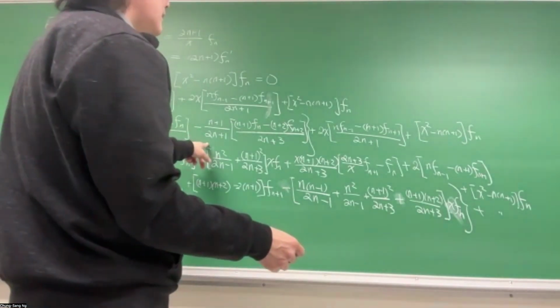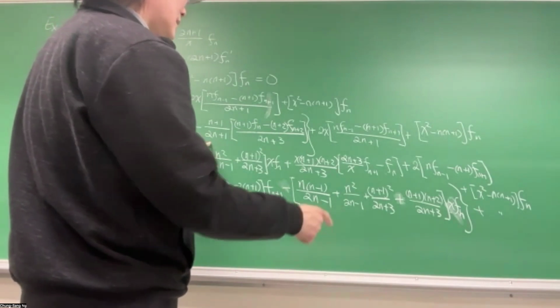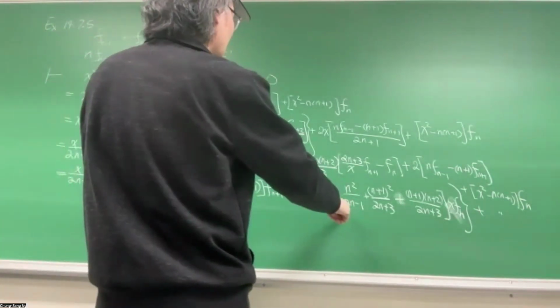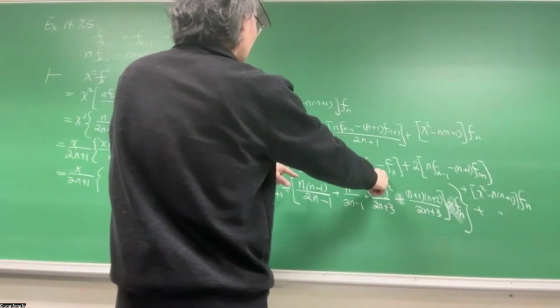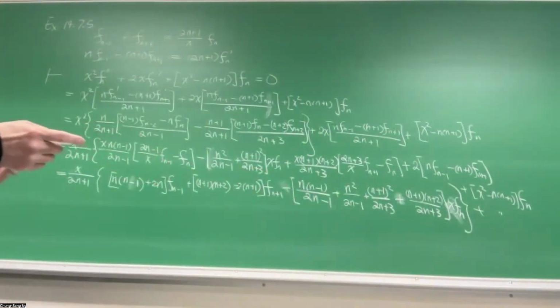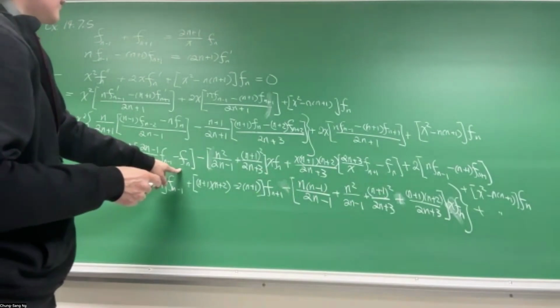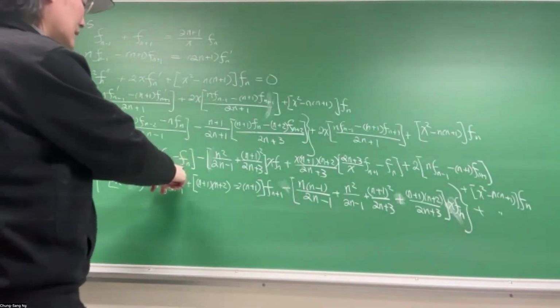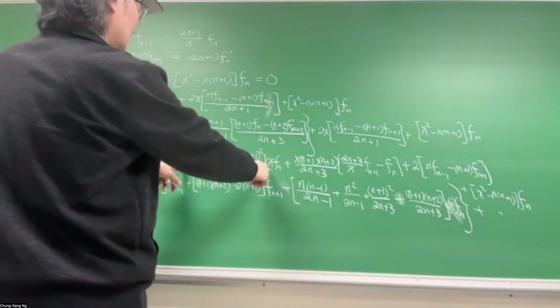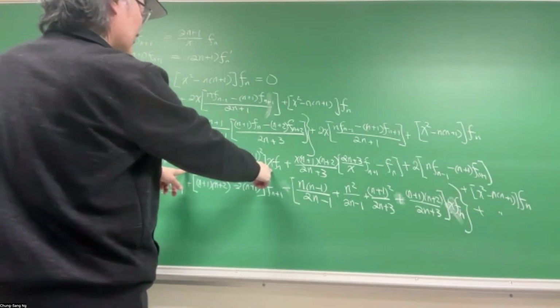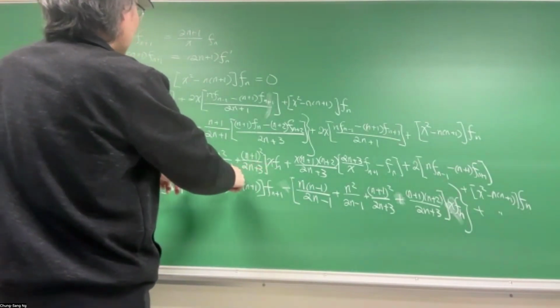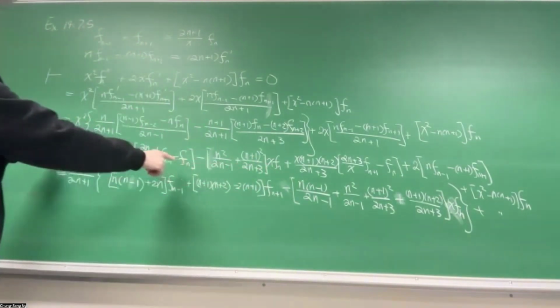And then altogether you have, this is Fn, and this is, where did I get this one from?